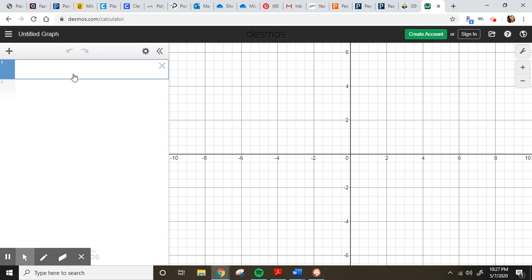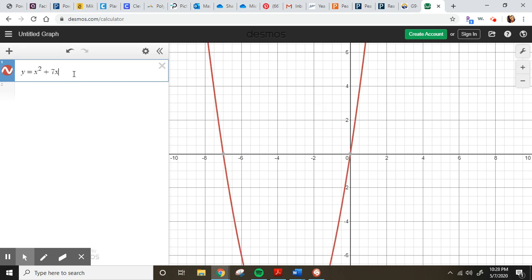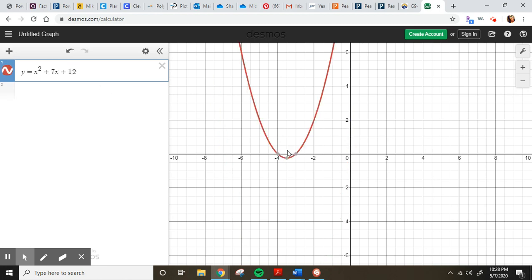Okay, so this is going to be y equals x squared plus 7x plus 12. There we go. Our vertex is at negative 3.5, negative 0.25. That's why our x-intercepts are so close.